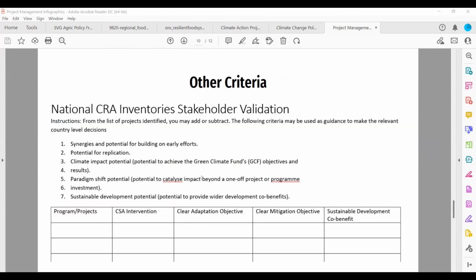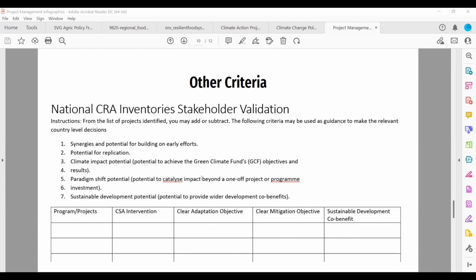So this is the criteria sheet. I am hoping that you would have had this sheet before, and on it, the instructions are that from the list that is in your group, you may add, you may subtract, depending on the usefulness or the applicability to CRA.